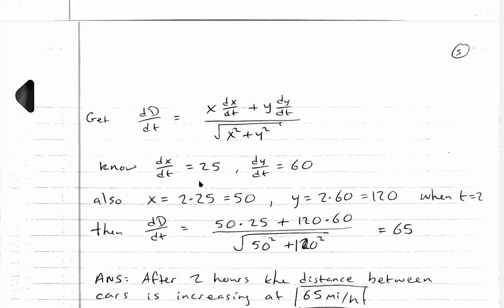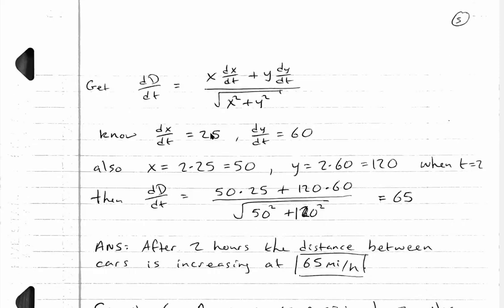Here we're using distance equals time times velocity. So we get the numbers to substitute. x is 50, y is 120, dx/dt is 25.